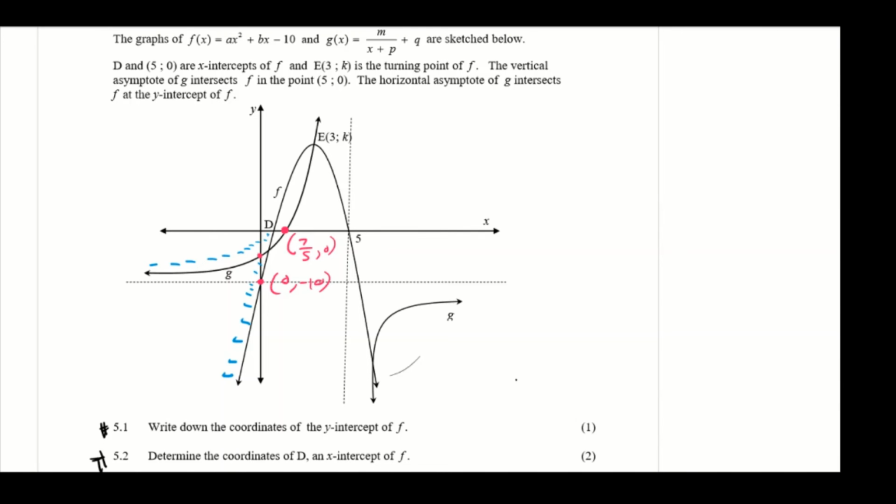But if we have a look here at this point, we know D has coordinate 1 and 0, right?